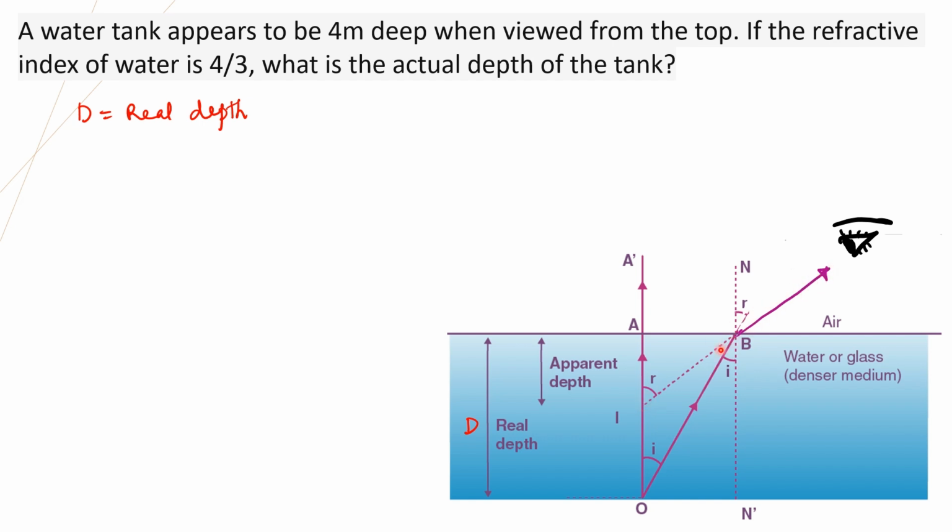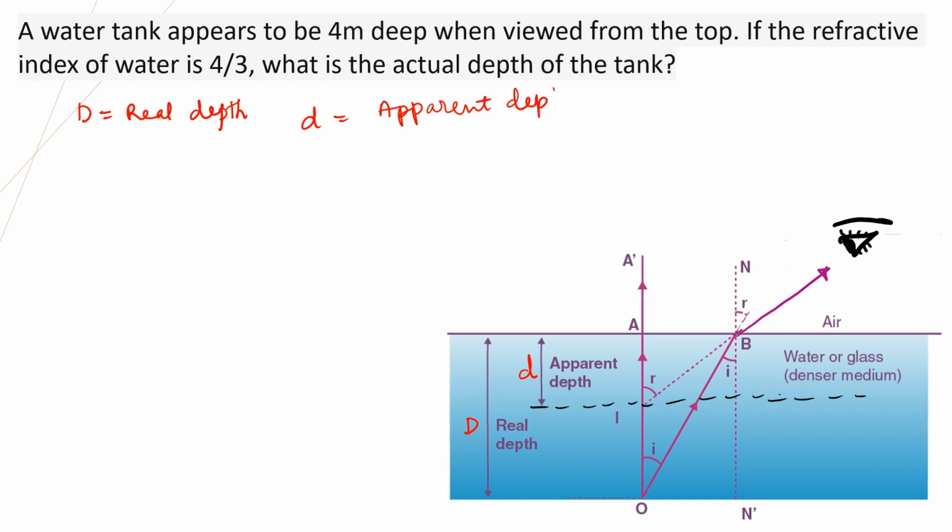So the point O for the eye is here at this point. We will presume that this is the depth. Water is only deep until here. So that's why we will write this as apparent depth, that is the depth visible to us. I am writing apparent depth as small d.